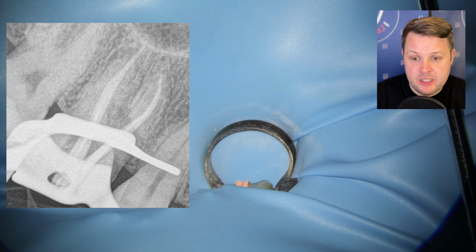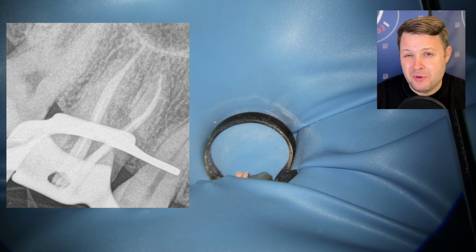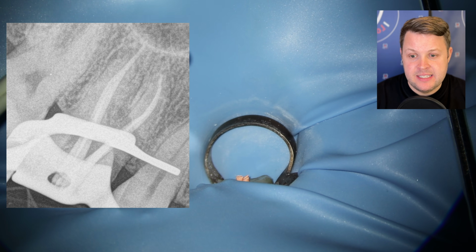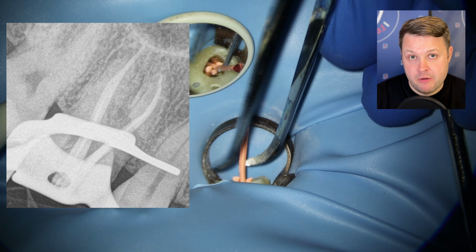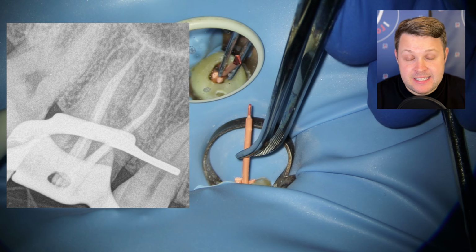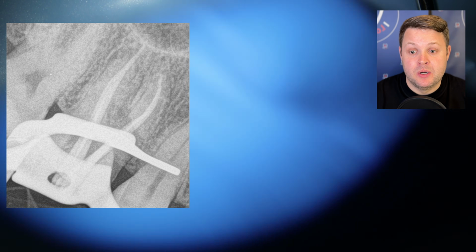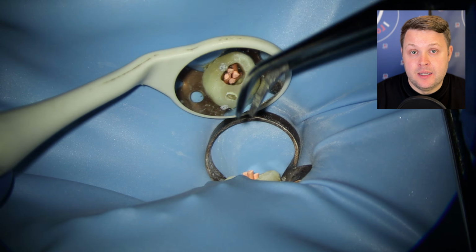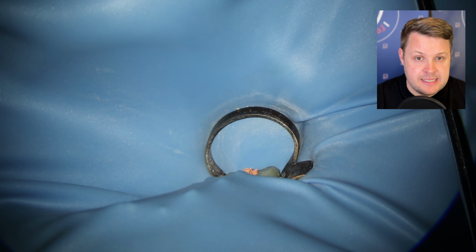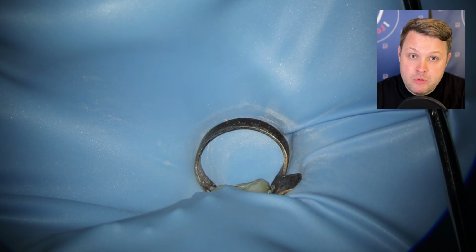We didn't get to the end on the palatal, but the GP cone is pretty much near to the end, and this is an indication that we've cleaned and shaped the vast majority of this canal space. It's likely the reason we didn't get 0 on the apex locator is because of really complicated anatomy, or, like I said before, this sealer has probably blocked the portal of exit. So overall, I'm quite happy.